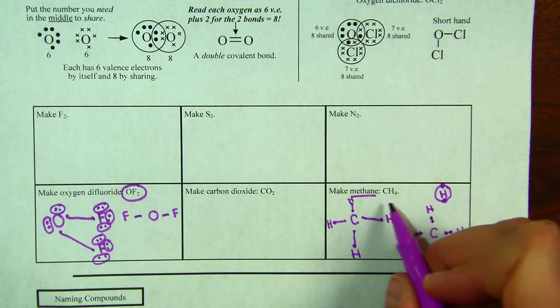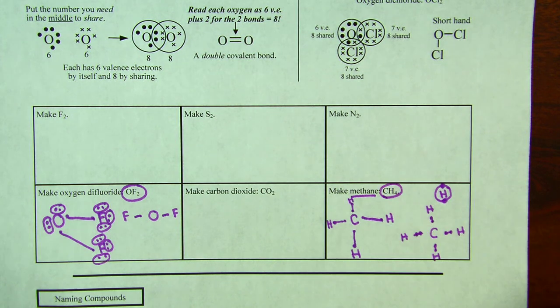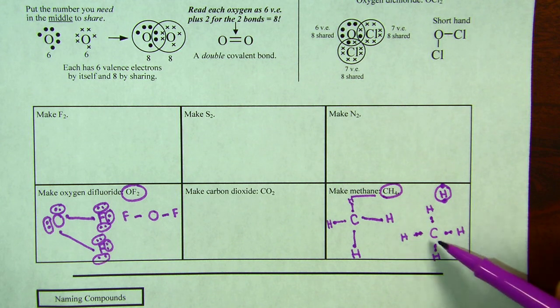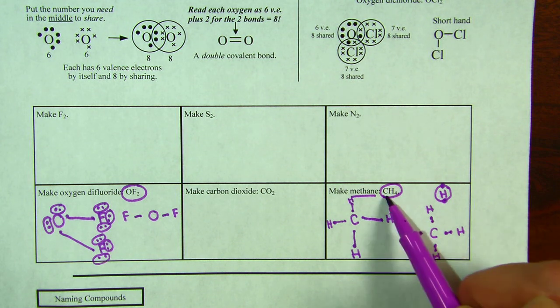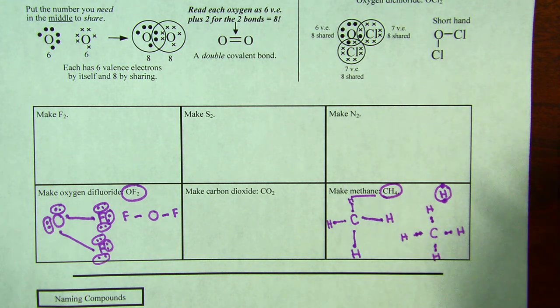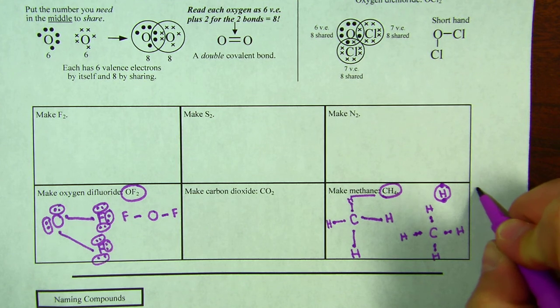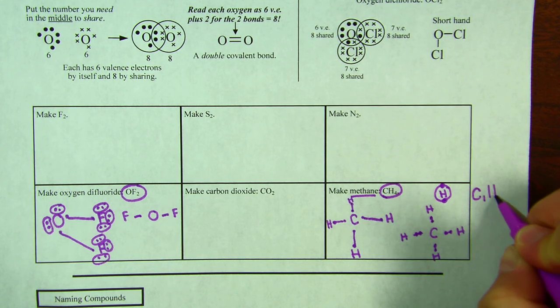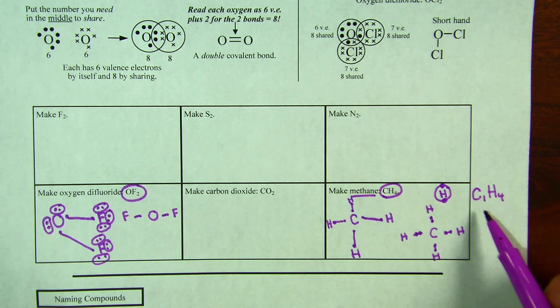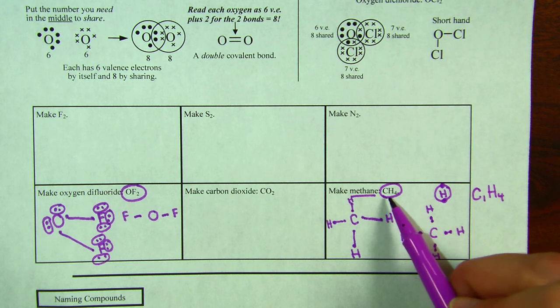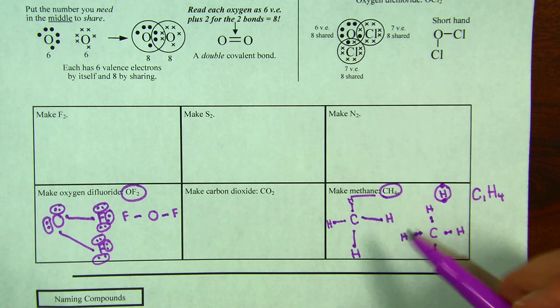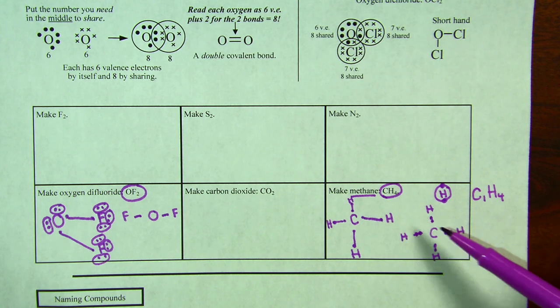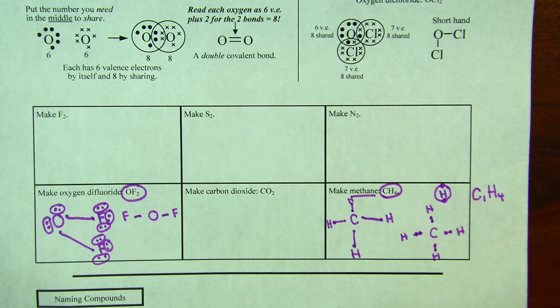Now, if you're given the formula CH4, you automatically know what your structure will look like. I have 1 carbon atom, tells me that in my formula. If we were to show the subscript, it would be C1H4. The 1 is understood, so we don't see that written in chemical formulas. And then that 4 subscript tells us that there are 4 hydrogen atoms, 1, 2, 3, and 4.